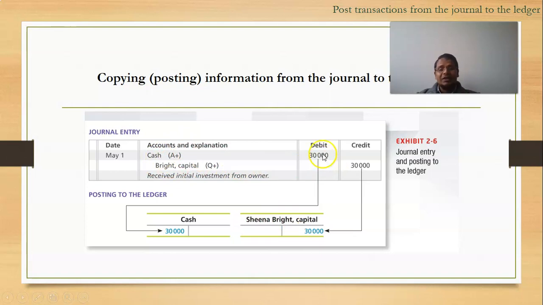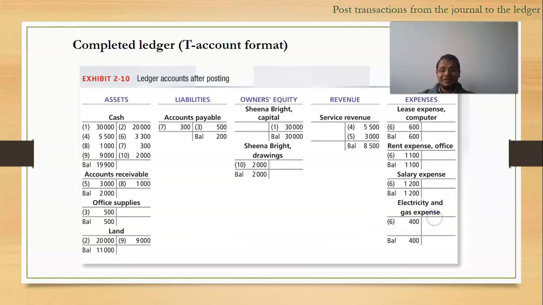So cash debited means this cash amount will go to the debit side of the cash account, and the capital account is credited, so in the owner's equity account, it should go to the credit side of the ledger. So this is how we should transfer all the transactions, whatever transactions happen, right?